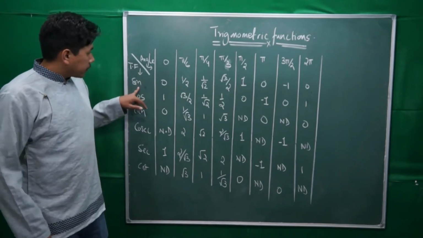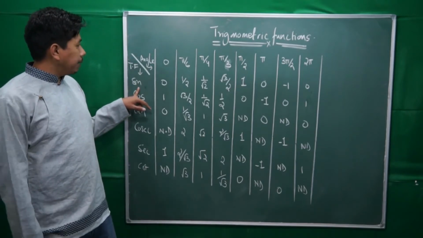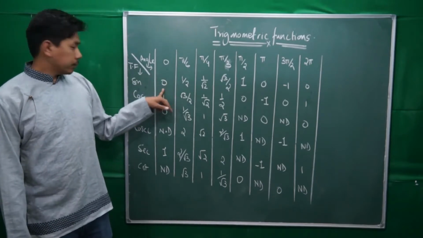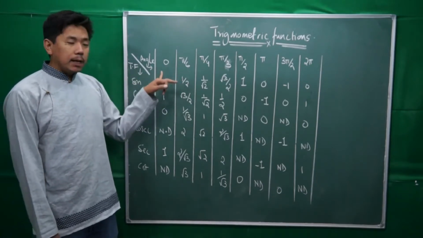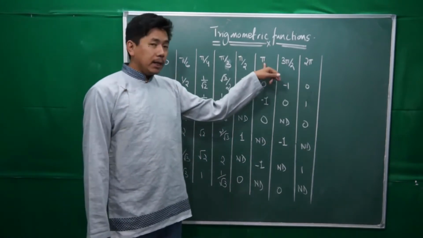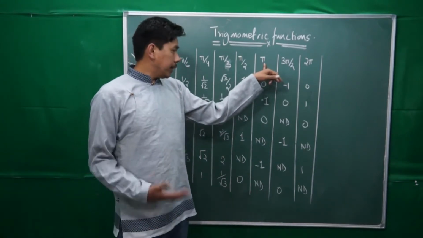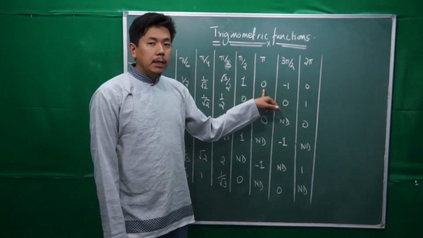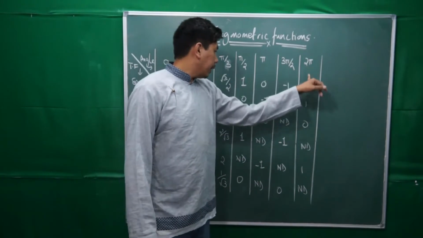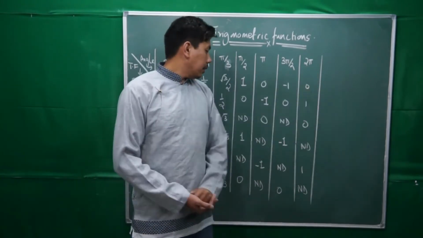So for sine, for 0 degrees it is 0. Similarly, for sine 180 degrees or pi radians, it is 0 again. Similarly, for sine 2 pi, again, it is found to be 0.